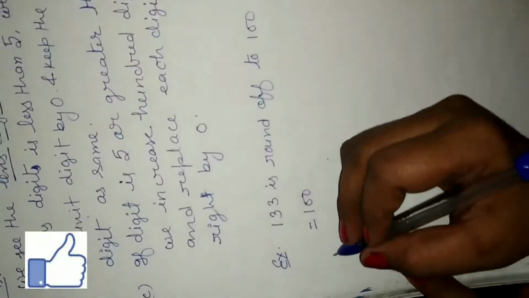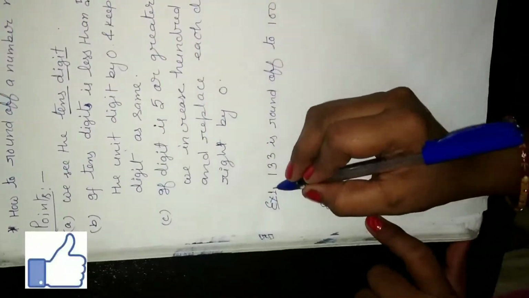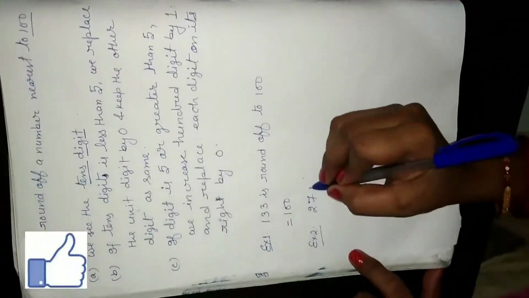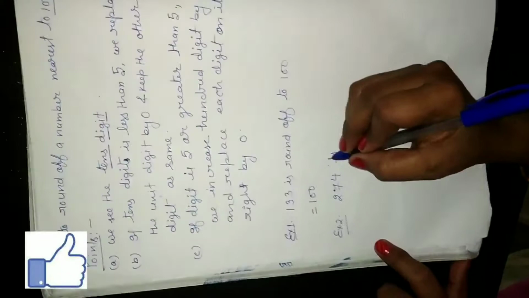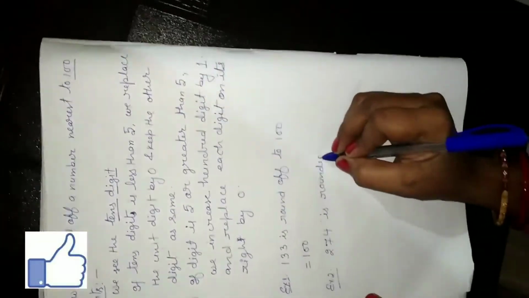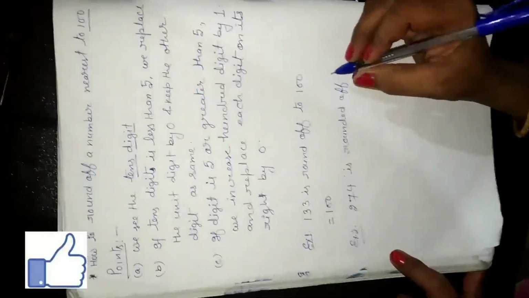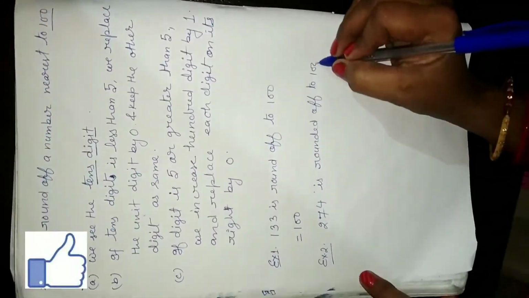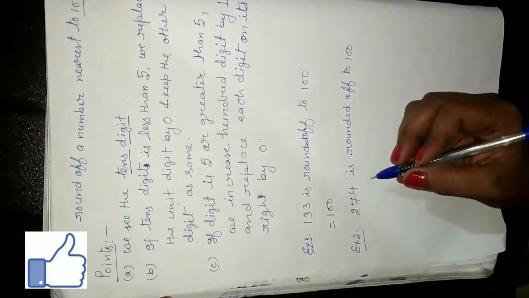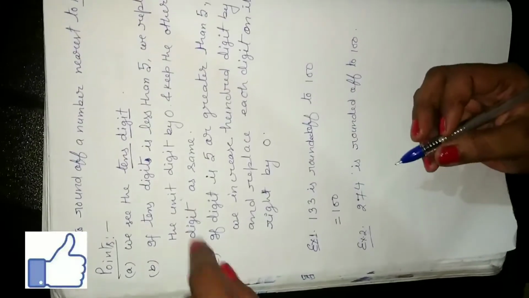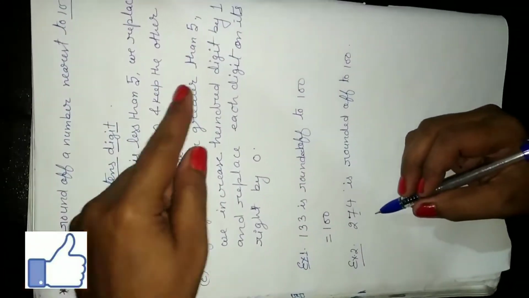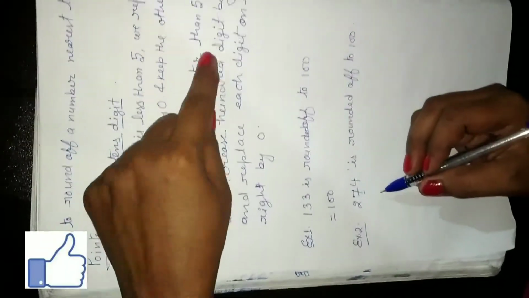This is example number 1. Example number 2: 274. 274 is rounded off to 200. Now we see point number 2. If the tens digit is 5 or greater than 5, look, this 7 is greater than 5, then we increase the hundred digit by 1.